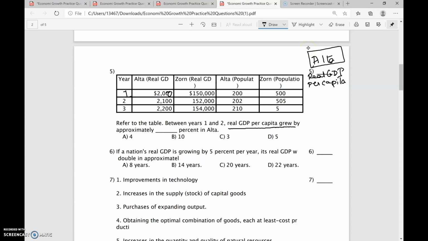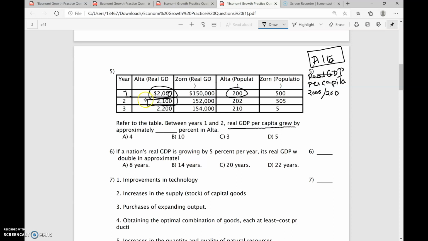So for year 1, it will be 2000 over 200, using these two numbers here.